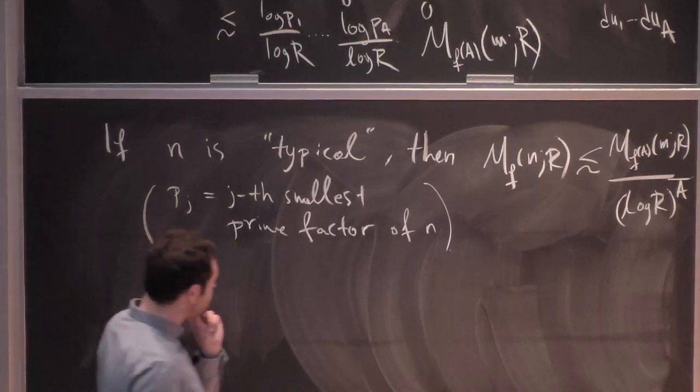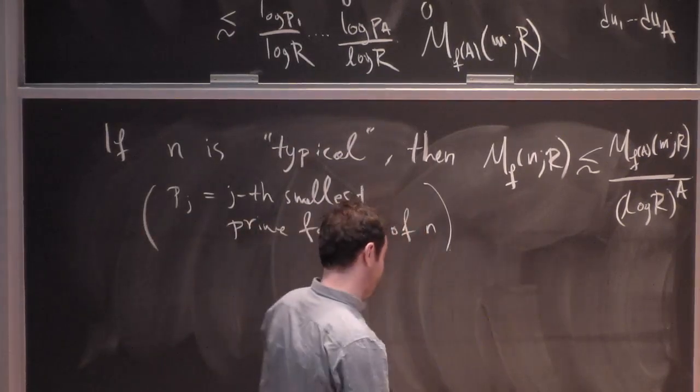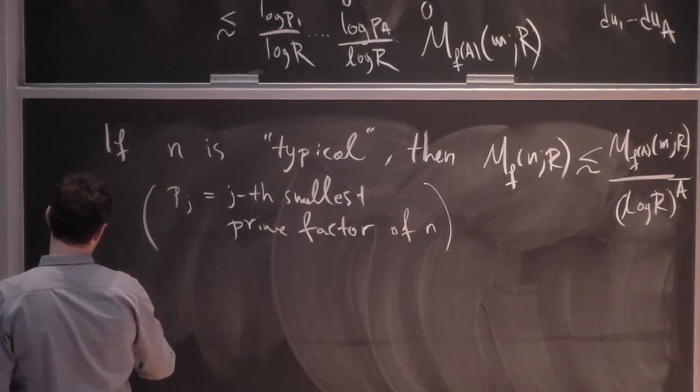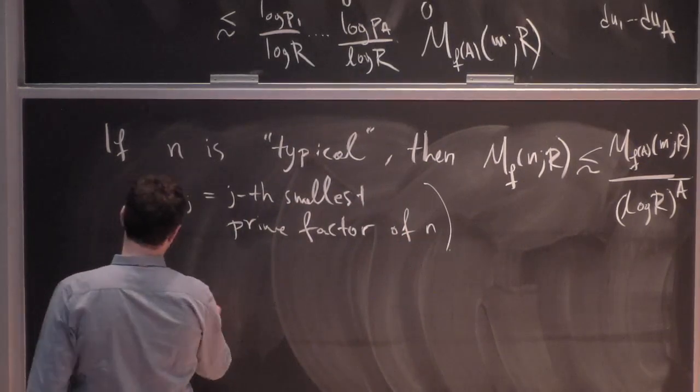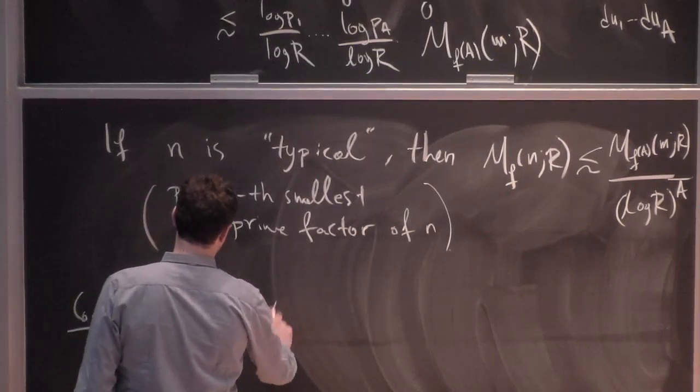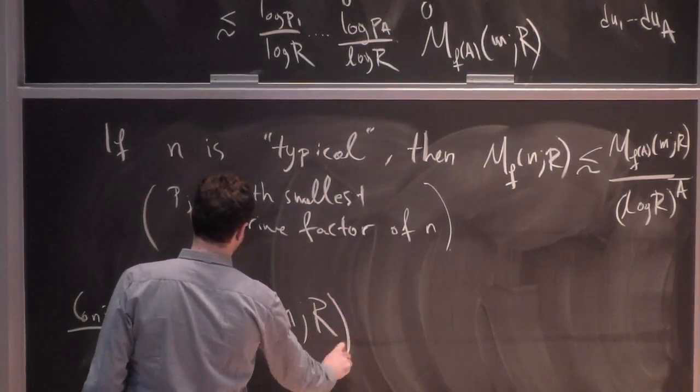Okay, so then a reasonable conjecture seems to be, or maybe more of a guiding principle than a conjecture, the following.